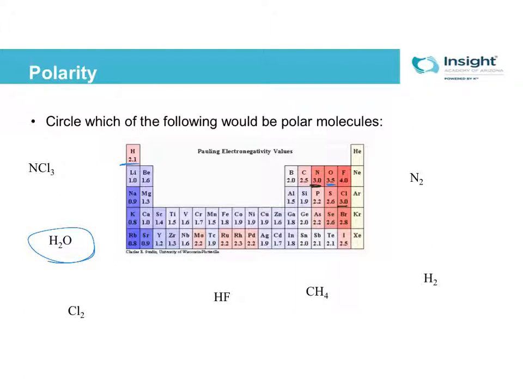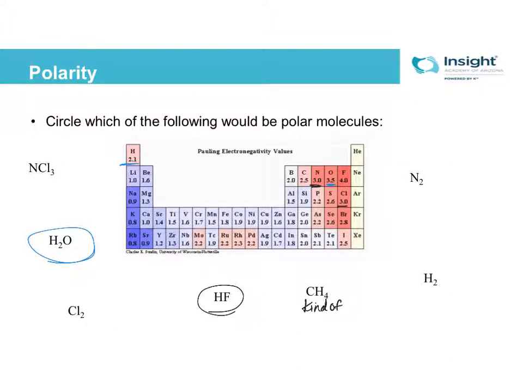Also, if you compare chlorine and chlorine, two chlorine atoms are going to have the same electronegativity. That's not going to be polar either. But hydrogen and fluorine definitely will, because those are going to have different electronegativities. Carbon and hydrogen, kind of.